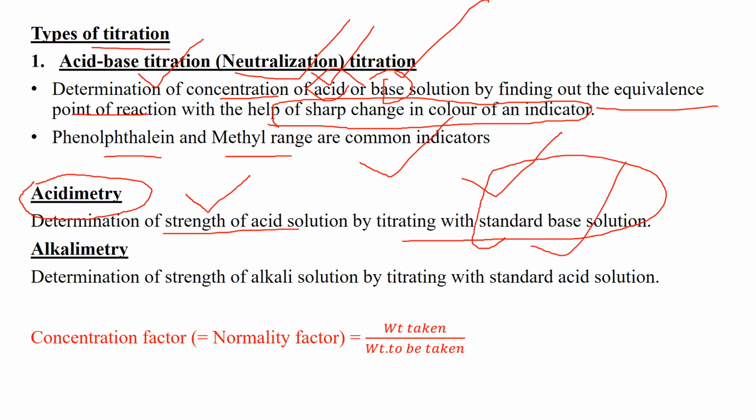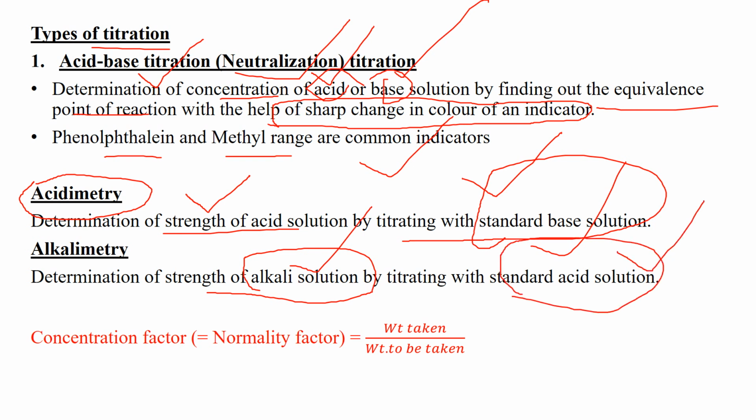In alkalimetry, we have to determine the strength of an alkali solution, meaning a basic solution, by titrating it with a standard acid solution. In alkalimetry, the acid is standard and the base is unknown. We have to calculate the strength of the basic solution.